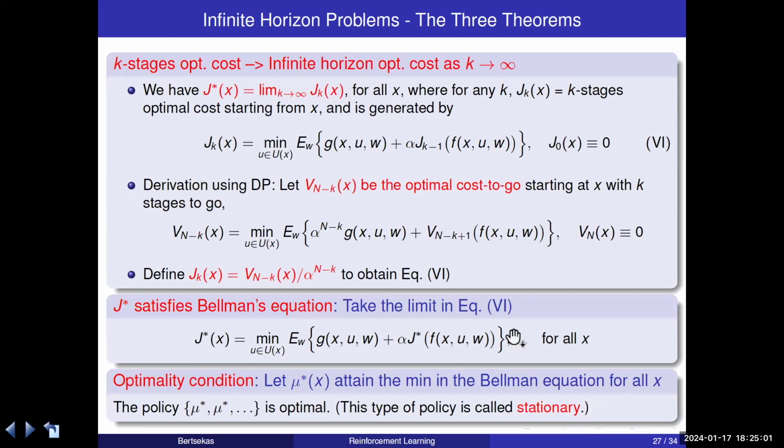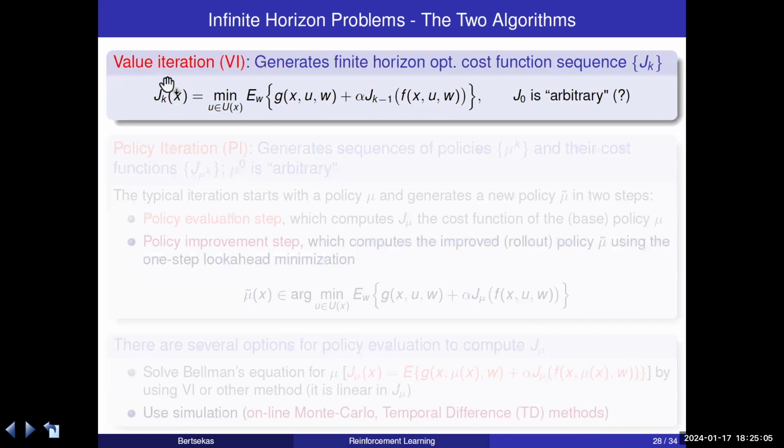So these are the 3 theorems. And there are also 2 main algorithms here. One is called value iteration, and the other one is called policy iteration. Both of them are very important and have reinforcement learning analogs. In value iteration, we generate a sequence of cost functions, each one being the optimal cost function of a finite horizon problem.